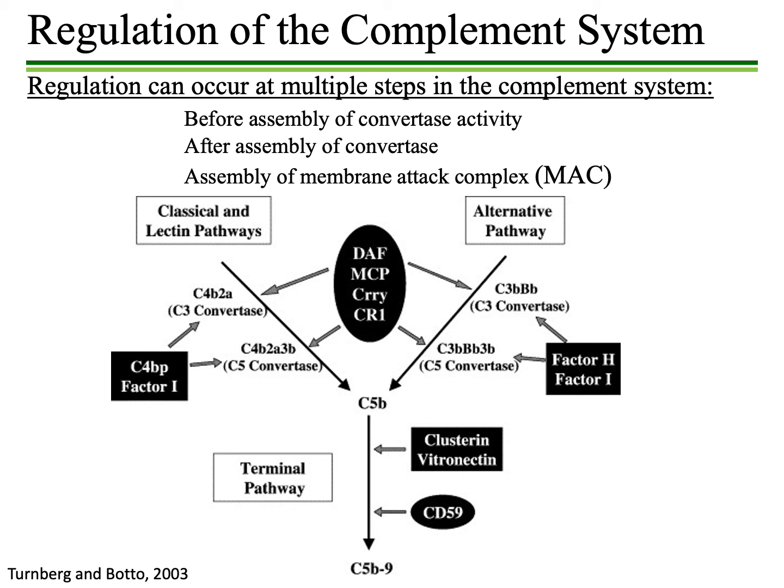There are, however, 2 ways that regulation can occur. There are passive mechanisms, where the proteins themselves are just very labile, meaning they tend to be unstable and undergo spontaneous inactivation if they are not stabilized.